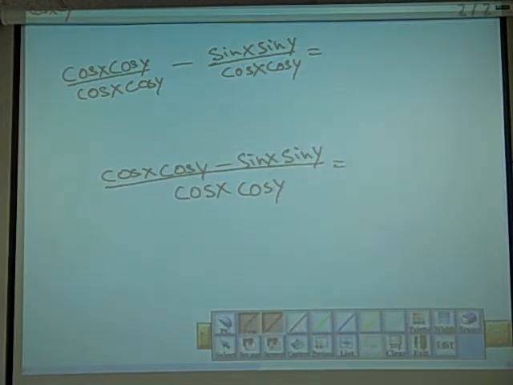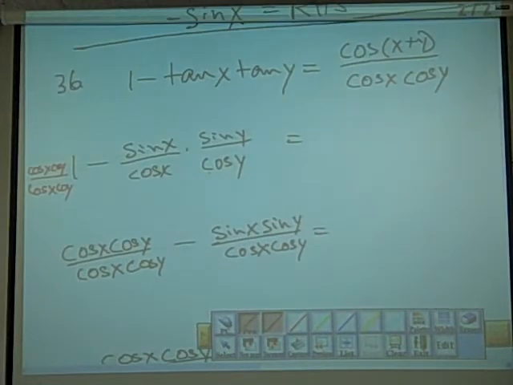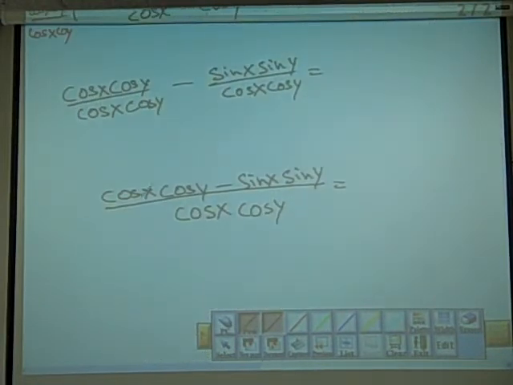And from here, the numerator is equivalent to the sum equation for cosine x plus y.